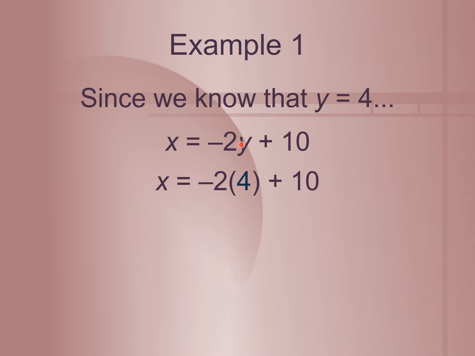See how we just replaced y with 4 since we knew that y was equal to 4. So negative 2 times 4 is negative 8, and negative 8 plus 10 is 2. So now we know that x is equal to 2, and our solution written as an ordered pair is (2, 4).